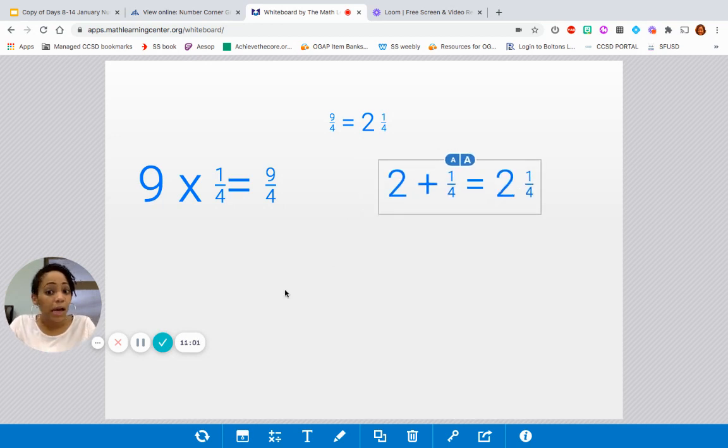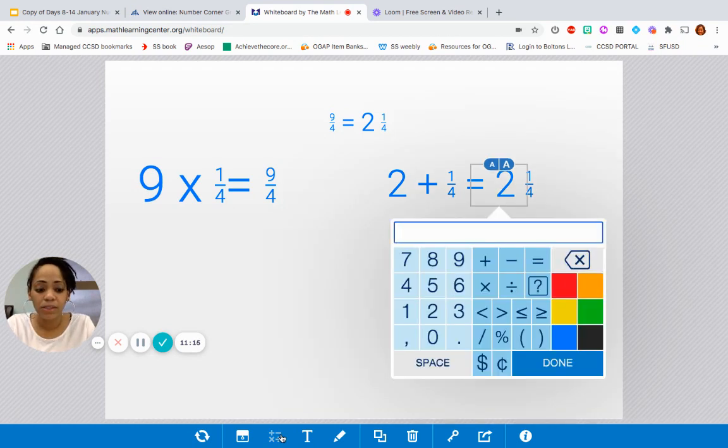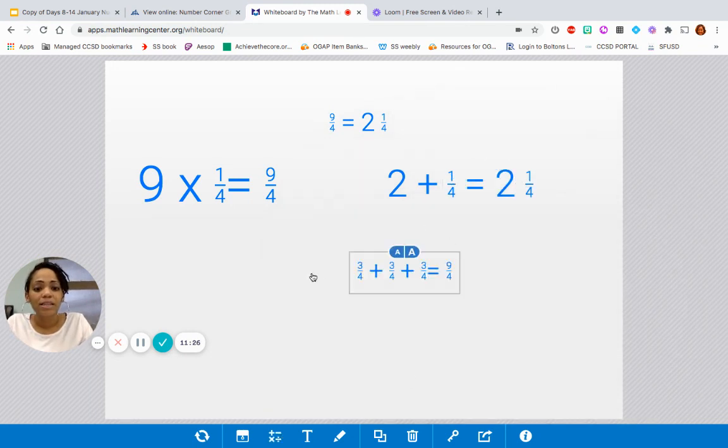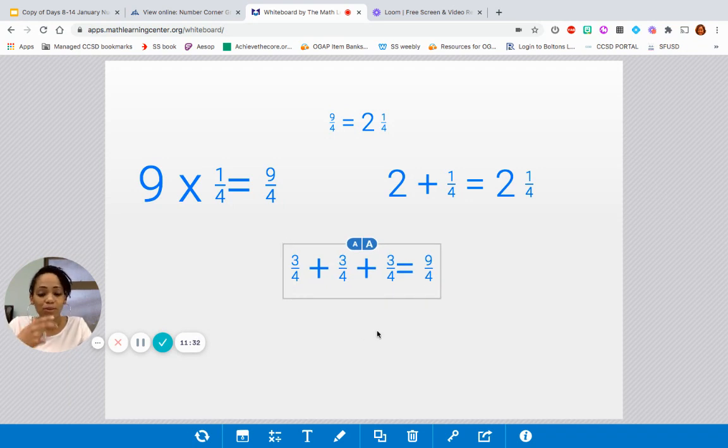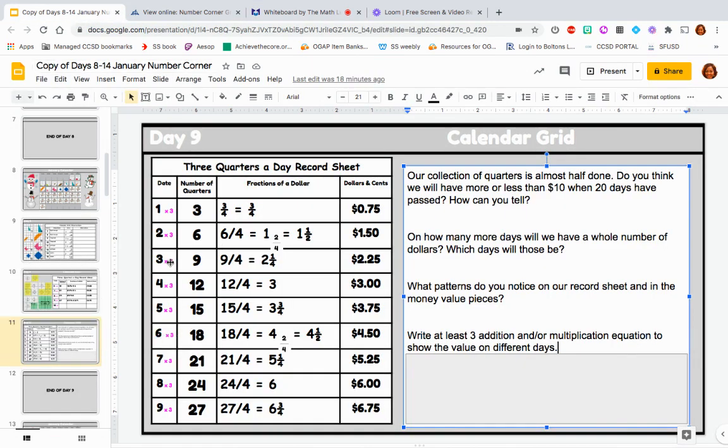And then for the third equation, since we know that we're adding 3/4 a day, since this was day 3, I could then add 3/4 plus 3/4 plus 3/4, and that's going to give me my 9/4. So you can also think about the day of number corner that we're on and add 3/4 multiple times in order to make it to however many days. So in this case, it was 3 days. We were on day 3 when we had 9/4.